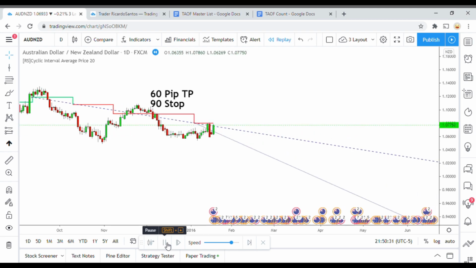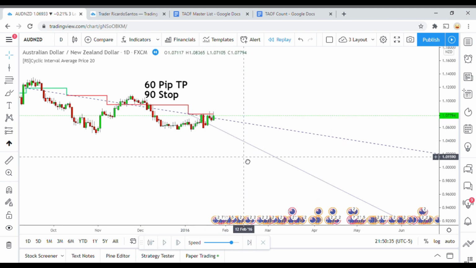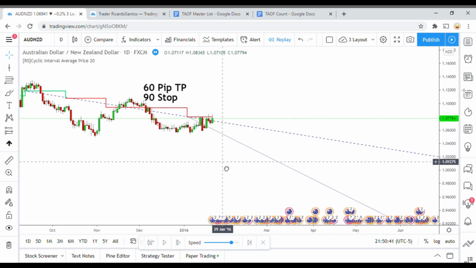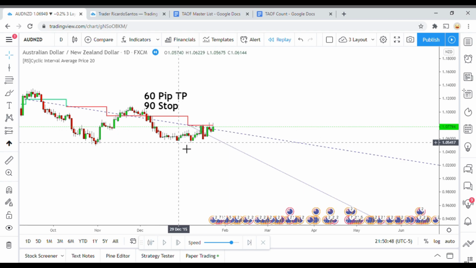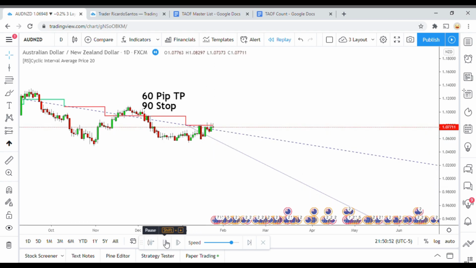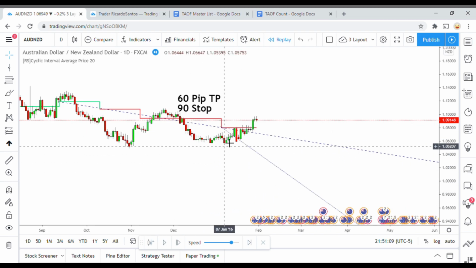So you see there how the sloped lines, they are dynamic, and so they're changing as price action is creating different pullbacks or different legs of movement. I'm not really sure exactly how it is calculating these projected areas.